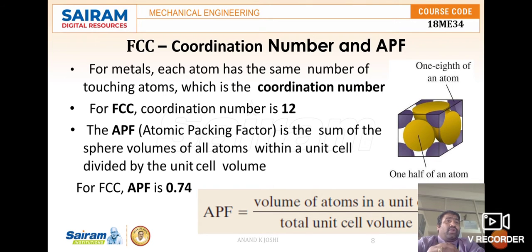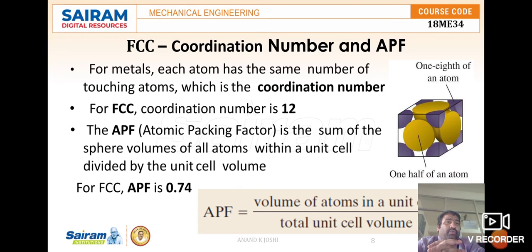For example, the coordination number is 12. And the atomic packing factor is the sum of the sphere volumes of all atoms within the unit cell divided by the unit cell volume.